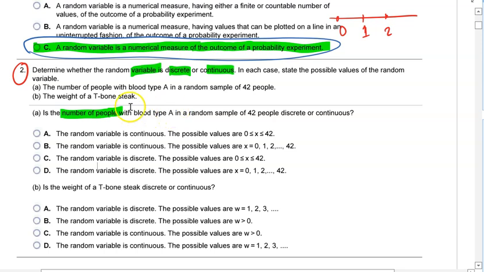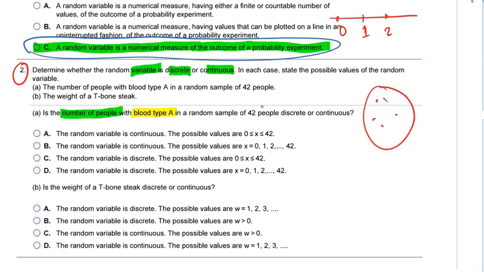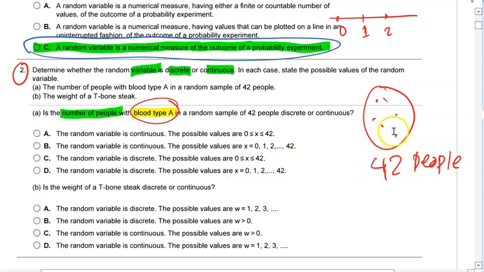Okay, look at we are looking for blood type A. That's a subject of interest, and in that group, you can think about 42 people here, 42 people with, and then look for blood type A. Okay, and you might have no people have blood type A, maybe one people have blood type A, maybe two people have blood type A, maybe all 42 people have blood type A. For answer is D. The variable is discrete and the possible value of the variable are 0, 1, 2 up to 42.